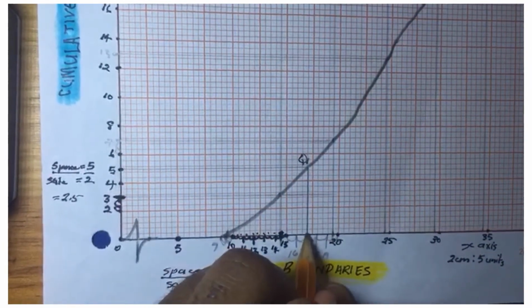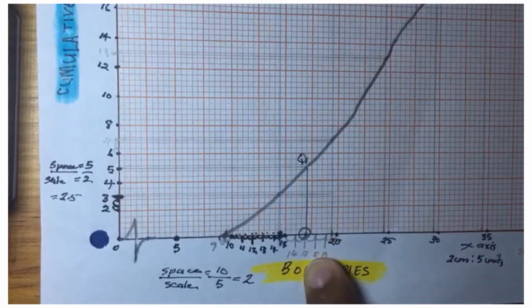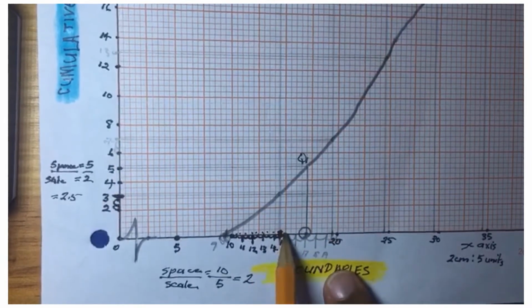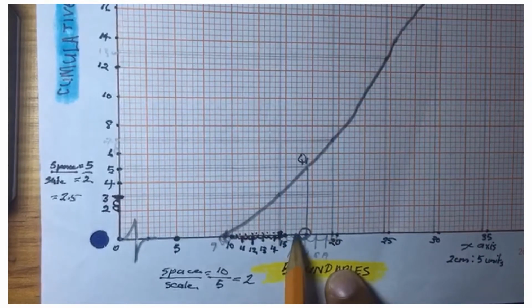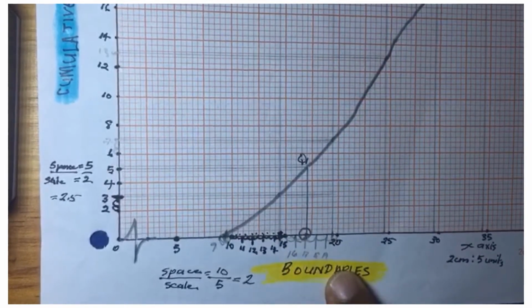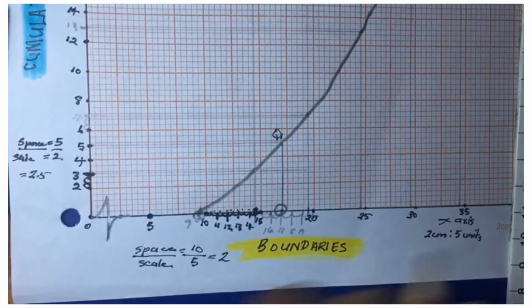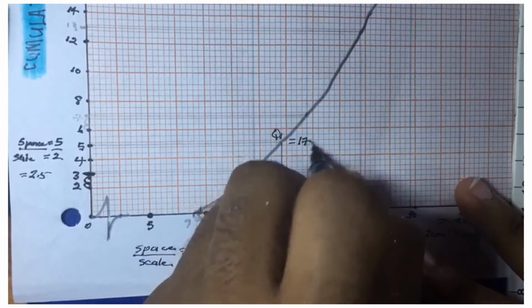So if I'm reading my graph, it's going to be 17. Remember, every 2 makes 1. So from the 15, 1, 2, that is 16. 16, 1, 2, gives us the 17 right there. So my Q1 is equal to 17.